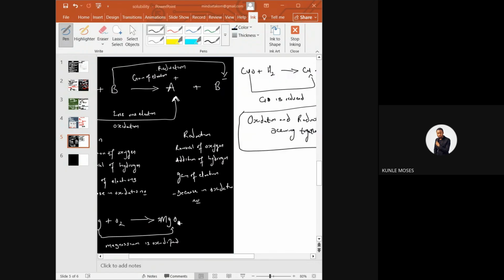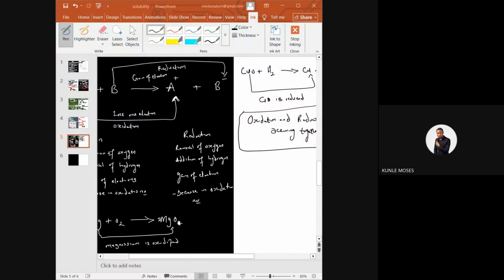As you increase the temperature, the solubility of solid substances increases. But for gas, it decreases.